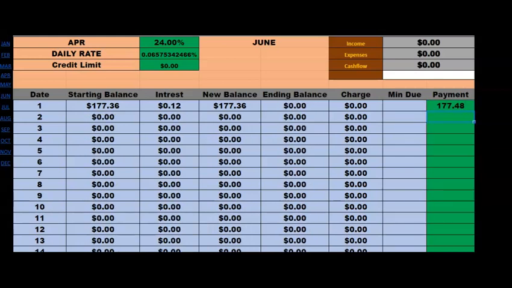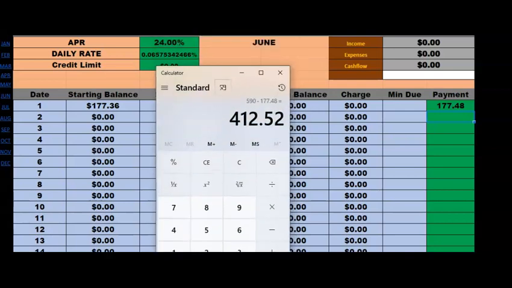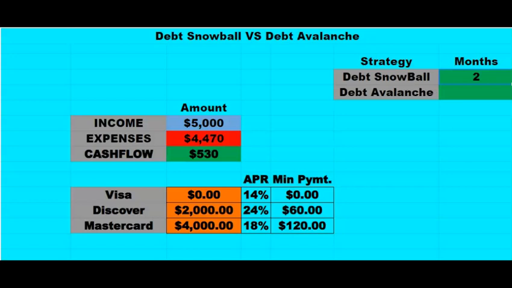If we take our cash flow of $590 and subtract the $177.48, we're going to have $412.52 left over in June. So the Discover card is paid off in June, which is month 6.